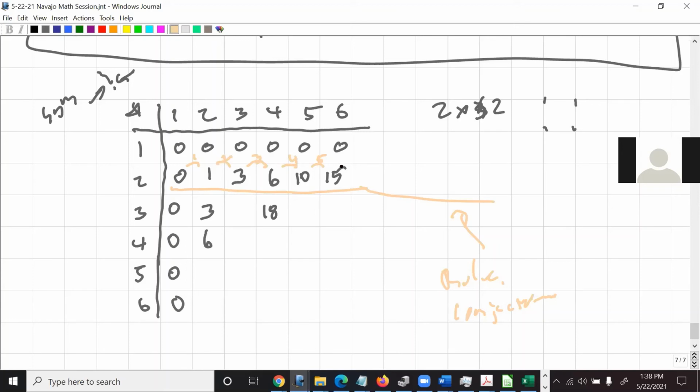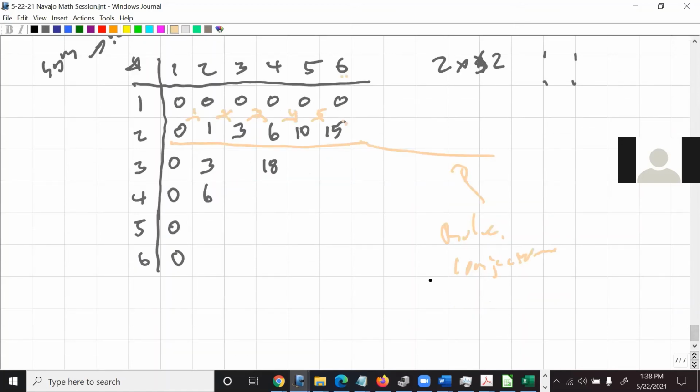When we go from 15, the next one, we're going to add 6. We're adding the 6, the number above it. If we add these two numbers together, we get 21. So this is going to be 21.